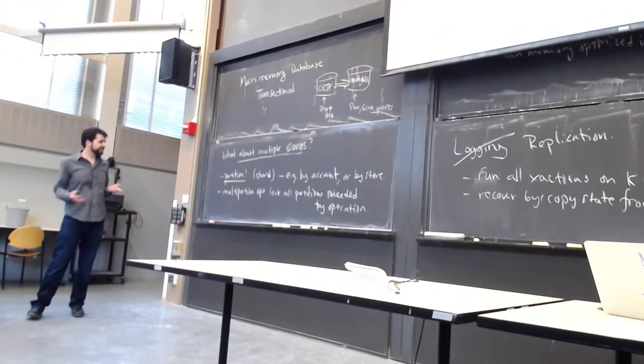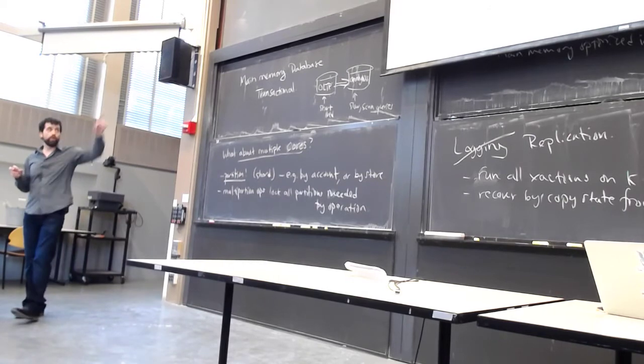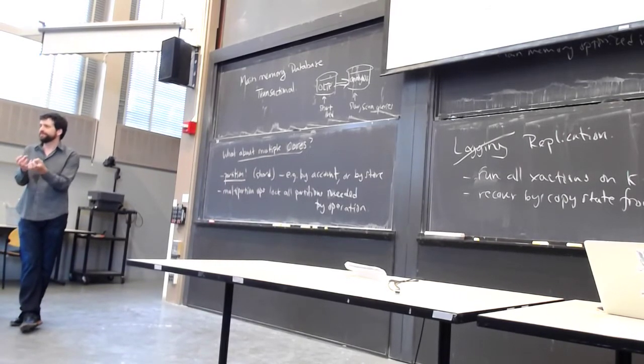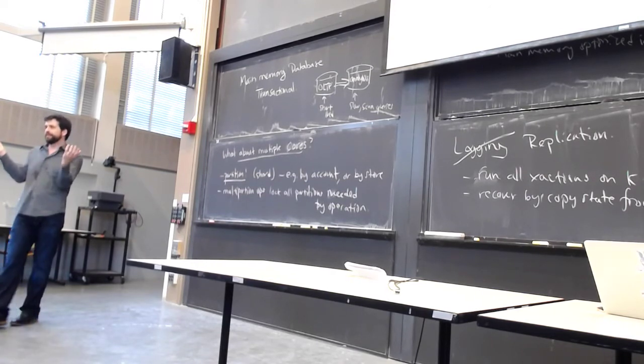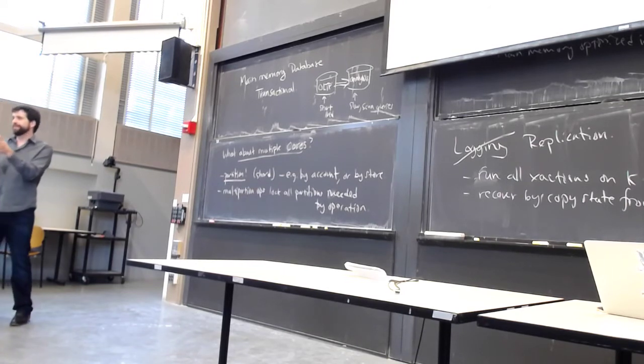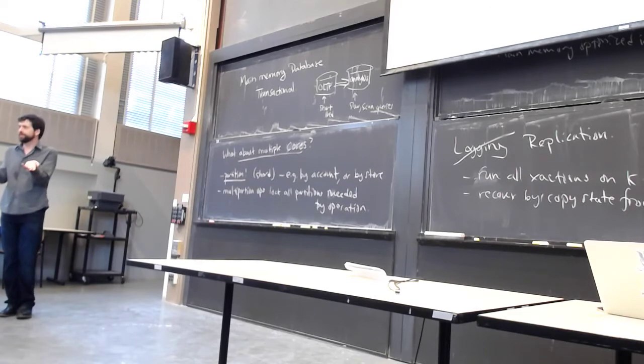And it's susceptible to skew, because if you have a partition that's really hot, like one of these warehouses that ends up processing a lot of the load, you can't recruit multiple processors to help. You can only run one processor on that warehouse, and if it's doing even 50% of the transactions, you're completely bottlenecked by the throughput of that single warehouse, and most of the time the other processors are running idle.